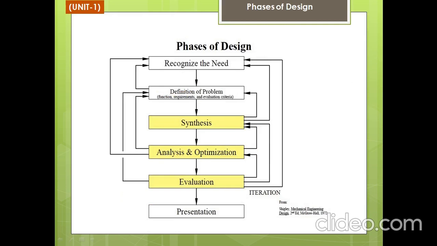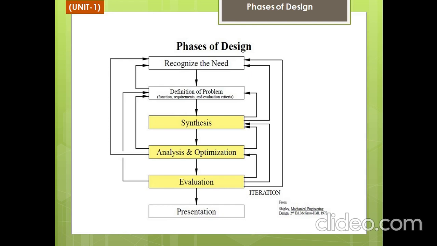Okay. Now the next step is definition of problem. Means once you recognize the need of the customer, then you have to formulate the design problem, that is called the governing equation, or in the mathematical form we say it as the governing equation.